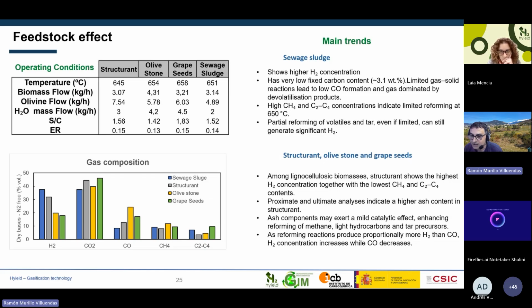This explains why structural produces a cleaner gas composition with higher hydrogen and lower hydrocarbon levels compared to olive stone and grape seeds.